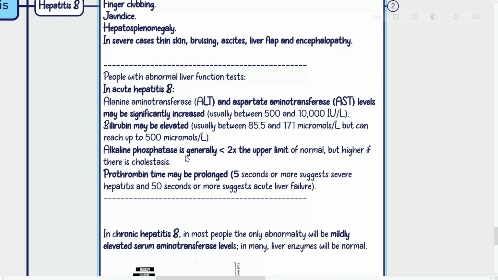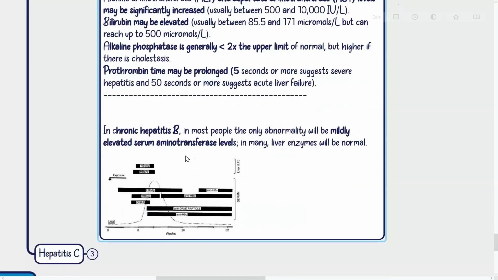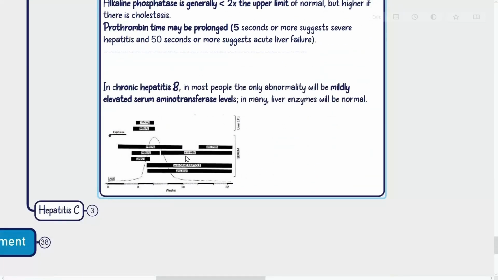Alkaline phosphatase is generally less than 2 times the upper limit of normal, but higher if there is cholestasis. Prothrombin time may be prolonged. 5 seconds or more suggests severe hepatitis, and 50 seconds or more suggests acute liver failure. In chronic hepatitis B, in most people, the only abnormality will be mildly elevated serum aminotransferase levels. In many, liver enzymes will be normal.